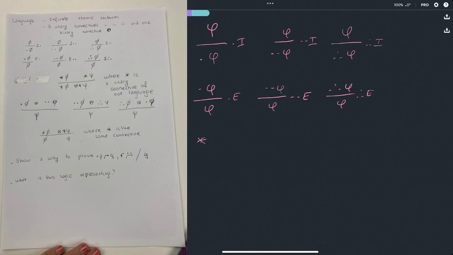If we have 2 sentences that have the same unary connective as their main connective, then we can get those 2 sentences pretzel-joined. I'm going to call the binary connective the pretzel. So from 2 sentences with the same unary main connective, we can conclude the pretzeling of those 2 sentences.